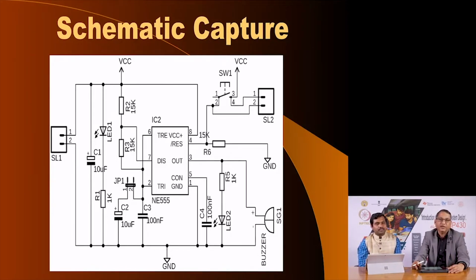We recommend using EagleCAD, and this schematic was drawn using EagleCAD. It allows you to create a schematic, and from the schematic it allows you to create a layout. I will explain both of them here. Here is a circuit diagram which is basically an oscillator using a 555 IC, as you see here.